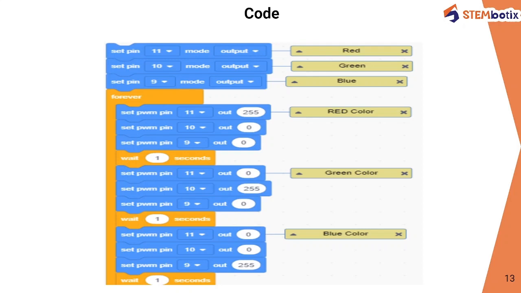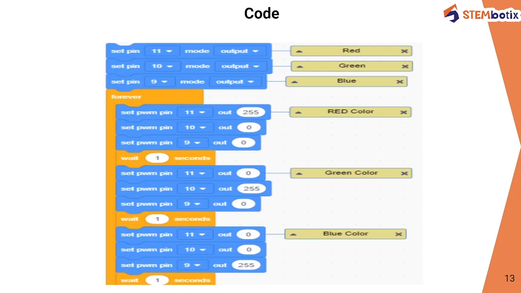But let's mention the RGB LED's pin specifications, so we can clearly understand how we can use this electronic device in our projects. The forward voltage of red color lies between 1.8 to 2.2 volts, for green it is 3.0 to 3.4 volts, and for blue it is 3.0 to 3.4 volts.